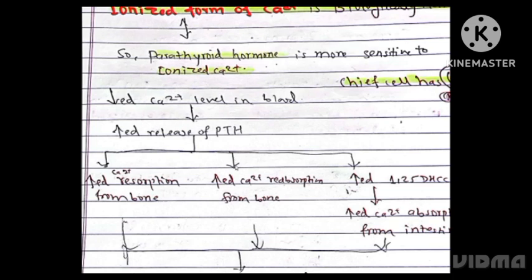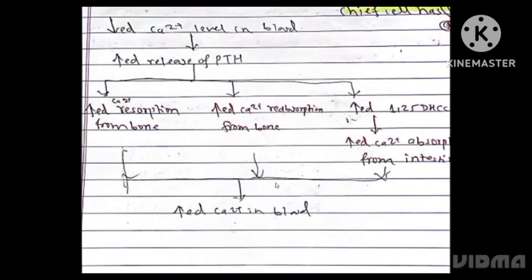This also increases calcium reabsorption from kidney. This is not bone, okay? This is kidney. Calcium reabsorption from kidney. PTH increases 1,25 DHCC. This 1,25 DHCC causes increased calcium absorption from intestine, so the sites of action of PTH are bone, kidney, and intestine. Now, this causes increased calcium in blood.